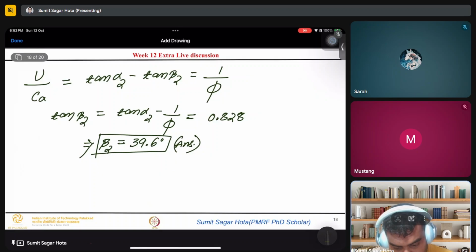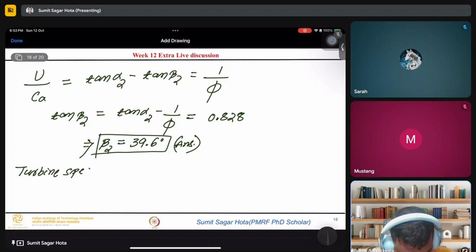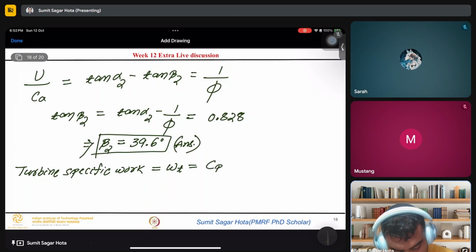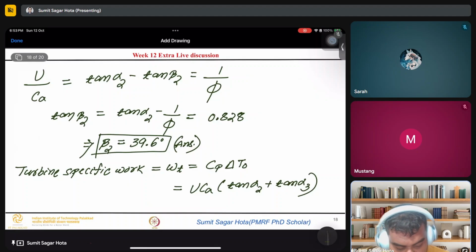We know that the turbine specific work Wt is equal to Cp into delta T naught, which in another way is U into Ca into tan alpha 2 plus tan alpha 3. So from here we can calculate tan alpha 3.